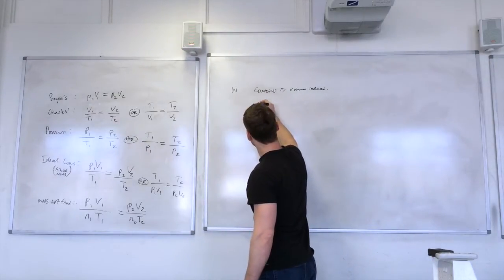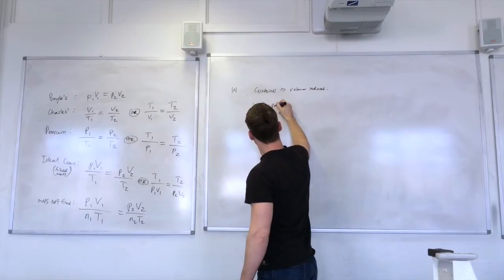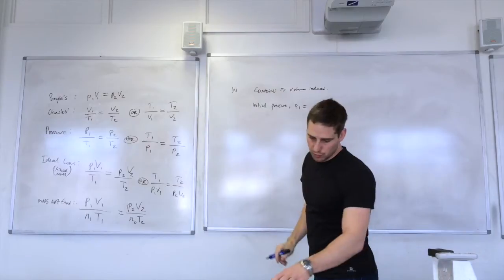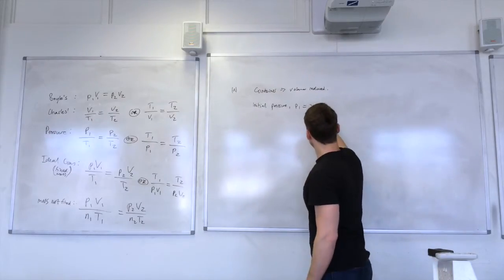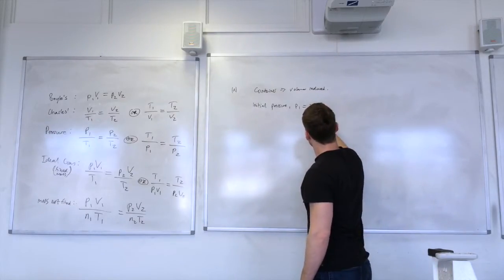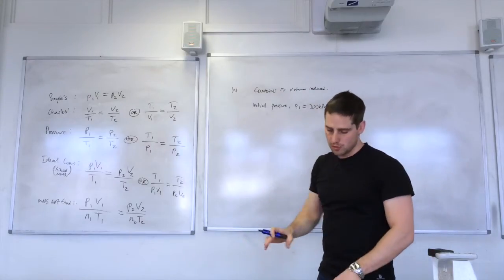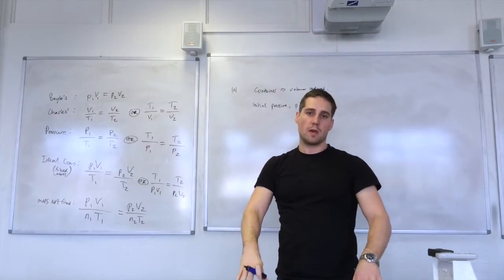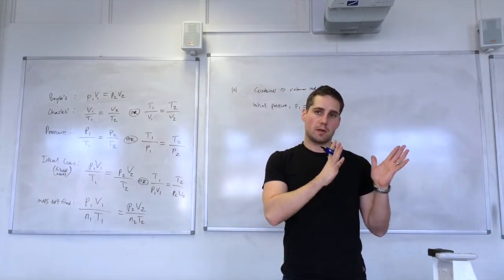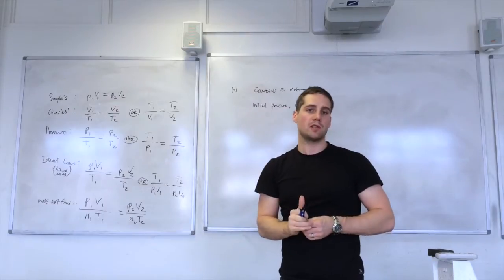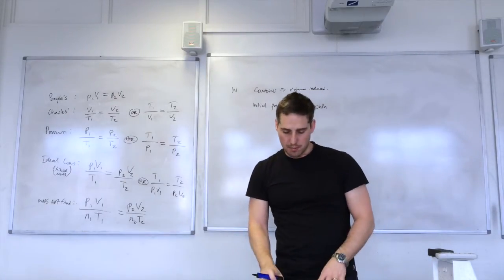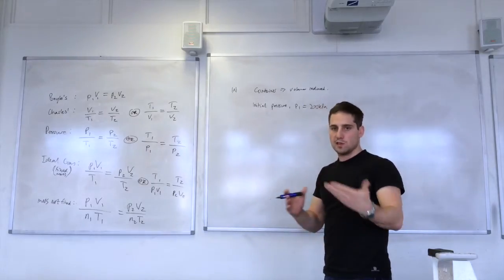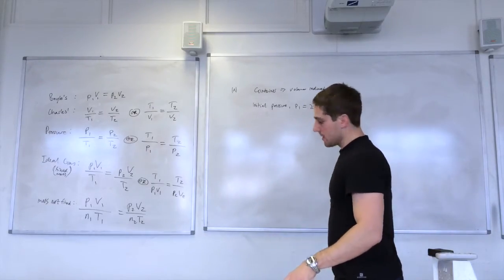So initial pressure is P1, which is equal to 200 kilopascals. I've introduced kilopascals into these questions because when we're doing the real calculations, we're dealing with industrial applications. So just get used to seeing kilopascals around. That's all. It won't really change the answer significantly, just to see them being used.